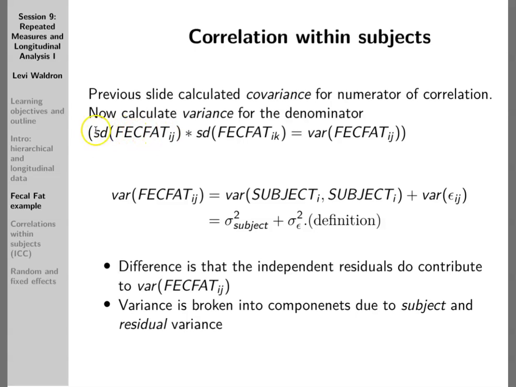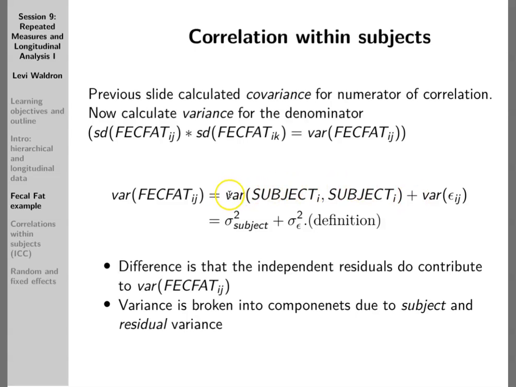You recall the denominator was the standard deviation of the first variable times the standard deviation of the second variable. And these standard deviations we assume are the same. That was the heteroscedasticity assumption, so it's just one variance. And the difference here is that in the variance, the residuals actually do count.